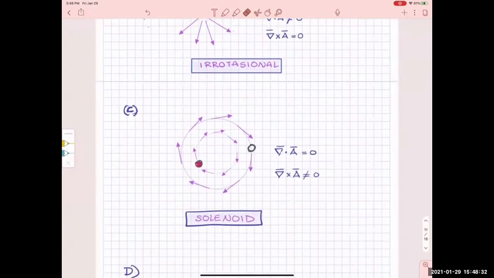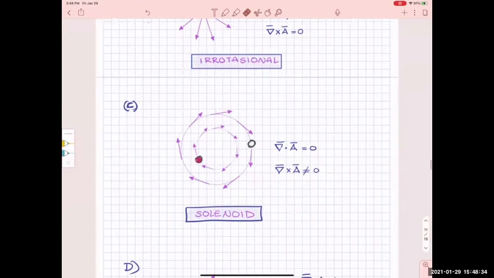Then you have fields that look like that, which means, as I said before, it's a field that stays. If this vector field was a force, and if this force was moving a particle, then the particle will stay within its own orbit without interacting with another particle at a higher orbit.